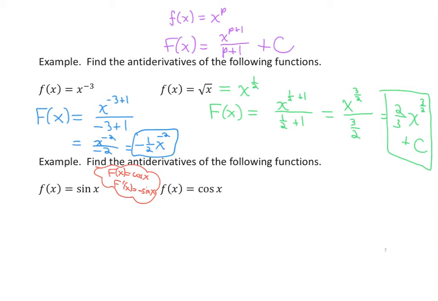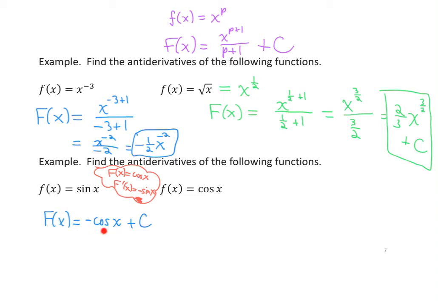We're in another situation where our guess is pretty close, it's just off by a constant multiple. In this case, the constant is negative 1. That means that a better answer for the antiderivative of sine x would be capital F of x equals negative cosine x plus c.